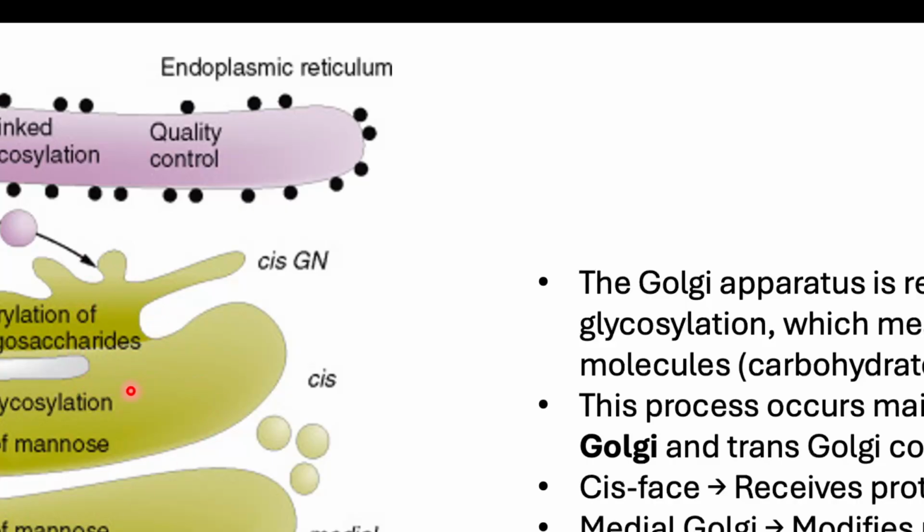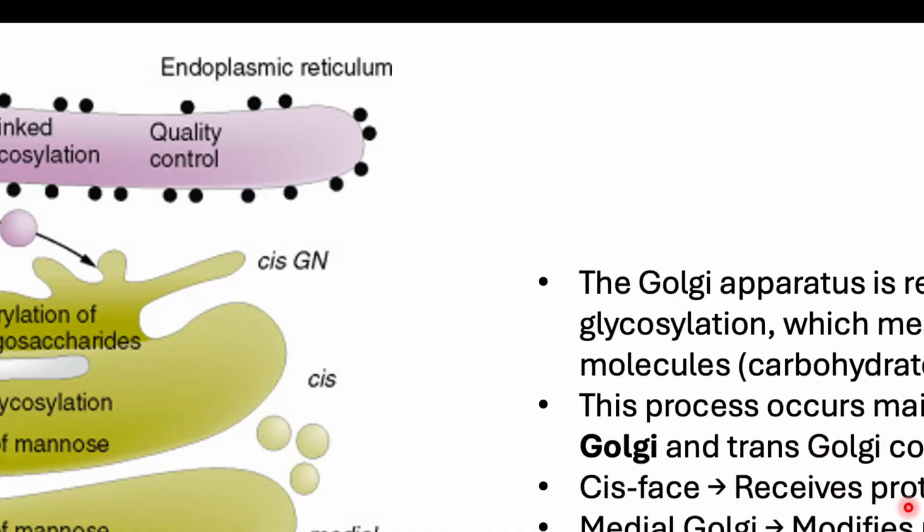Now what happens in the cis compartment? Mostly phosphorylation of lysosomal oligosaccharides and removal of mannose, O-linked glycosylation. The Golgi apparatus is responsible for protein glycosylation, which means attaching sugar molecules to proteins, which was the question of interest. This process occurs mainly in the medial Golgi and trans Golgi compartments.